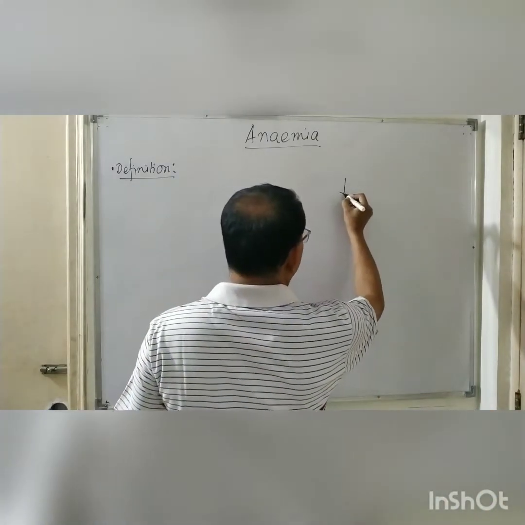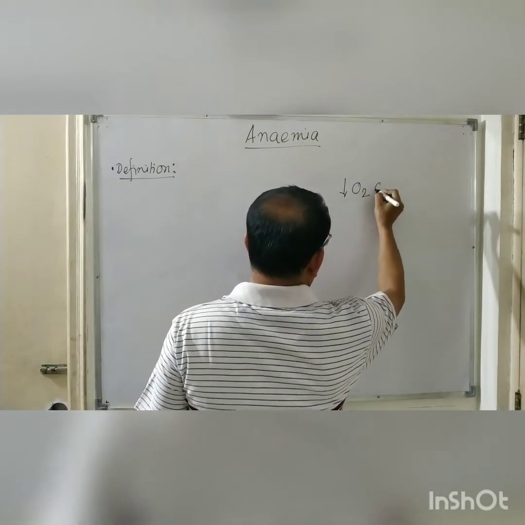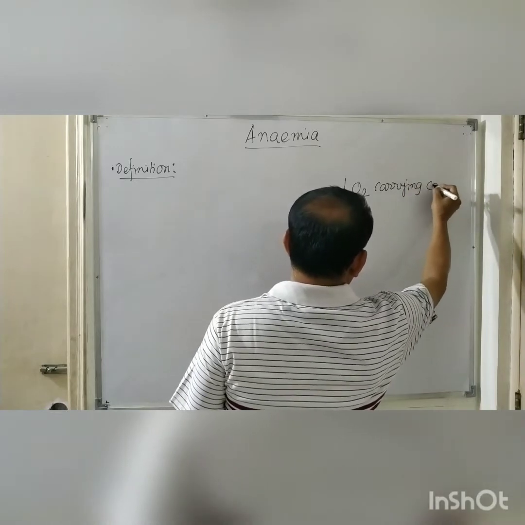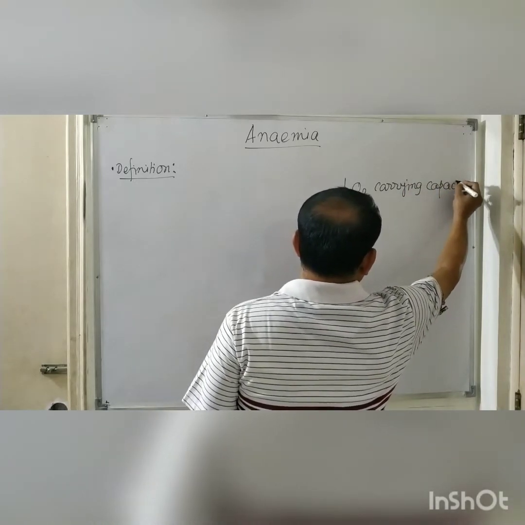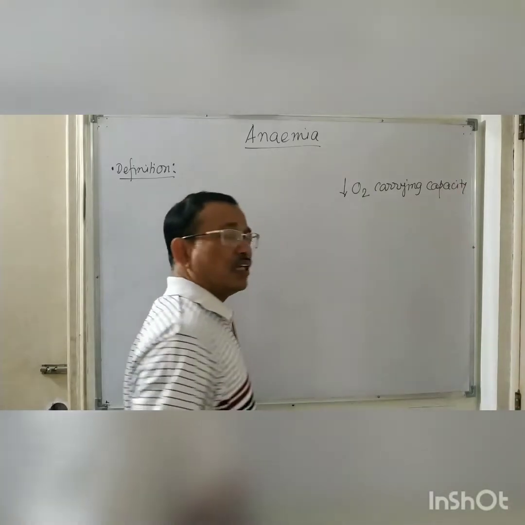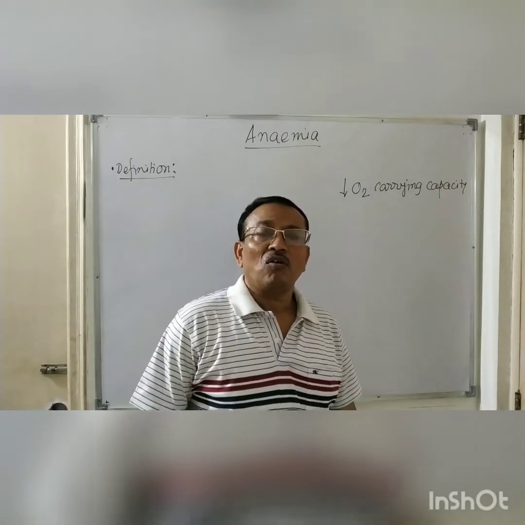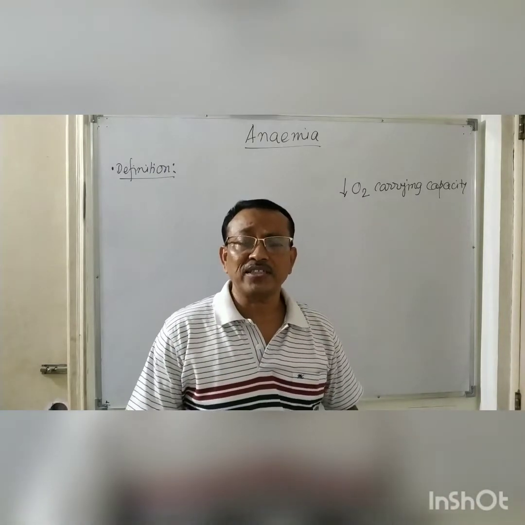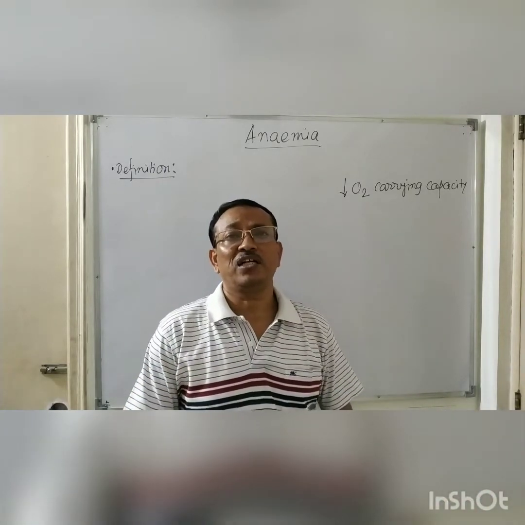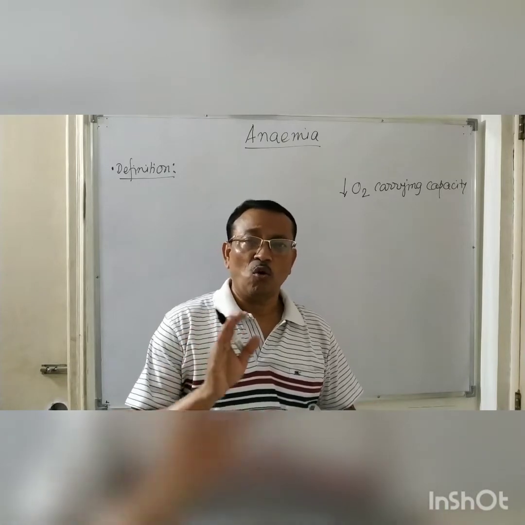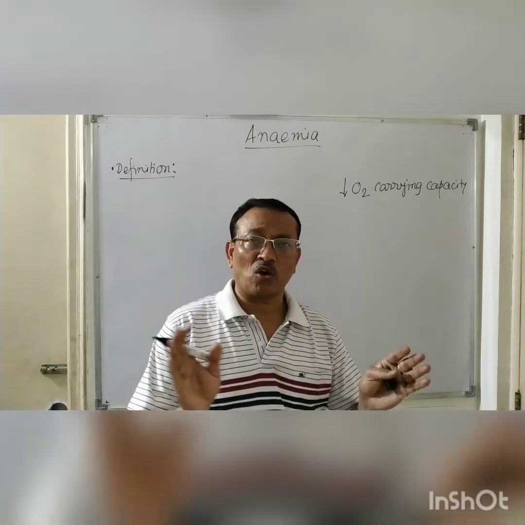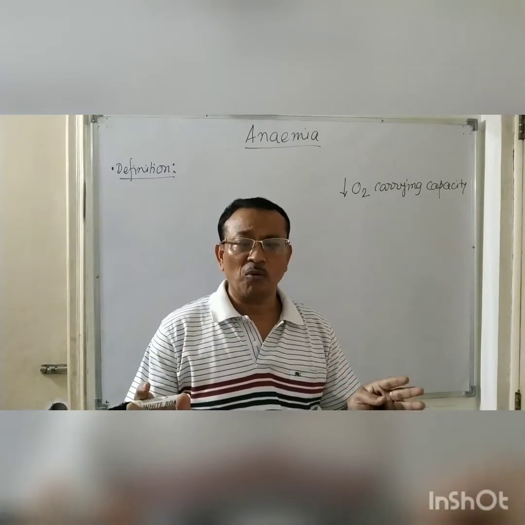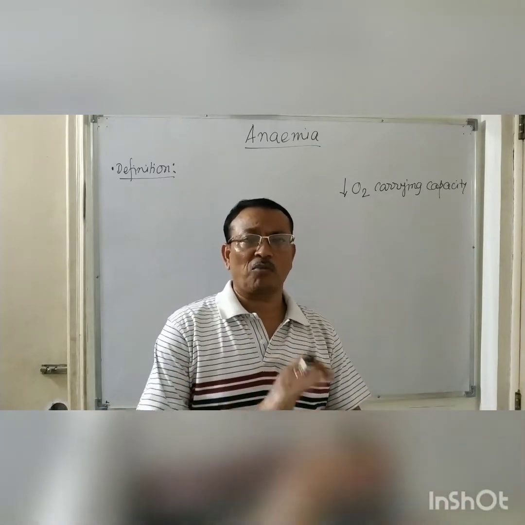And why does the decreased oxygen carrying capacity of the blood take place? This is because of either a low RBC count than the normal range, or a low hemoglobin concentration below the normal range.